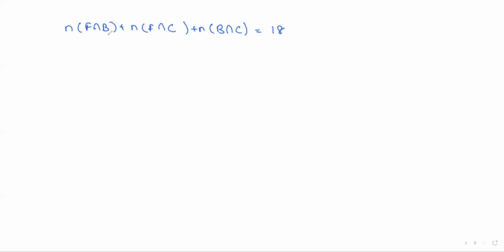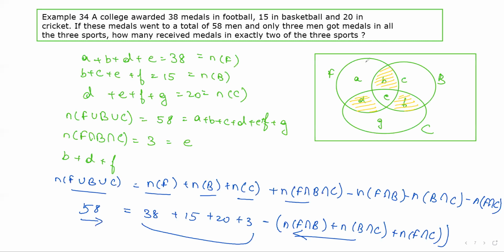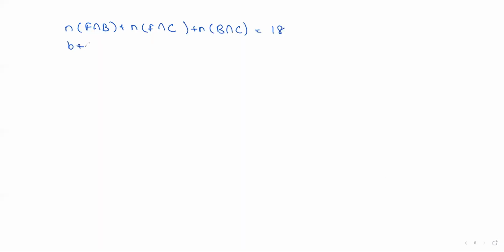Now we know that F intersection B is B plus E, F and C is D plus E, and this is F plus E. This is equal to 18. Now we also know that you have to take E on the right hand side, which has the value 3.